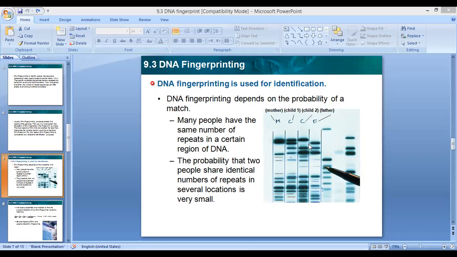I will start to compare these bands together. Okay, for example, as we said yesterday, let's say I have a sample from a crime scene. They made DNA fingerprinting for this sample and these bands came out from the sample. Okay, these are the bands of the sample, and these are the suspects'. What they did is they also made fingerprinting for four suspects. They will compare the pattern of bands for these with the sample to identify the person.